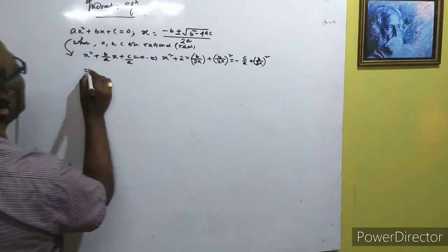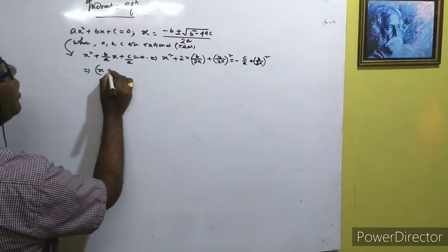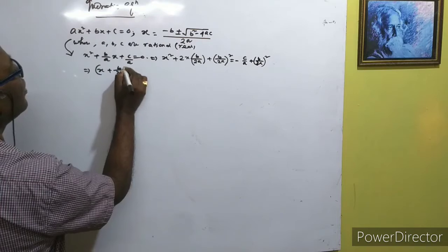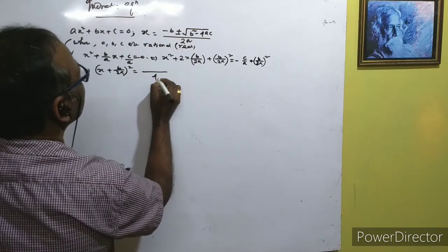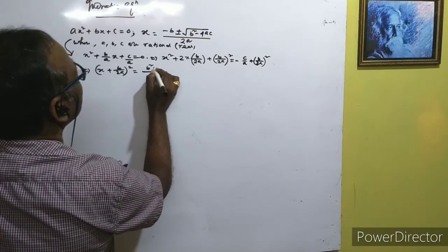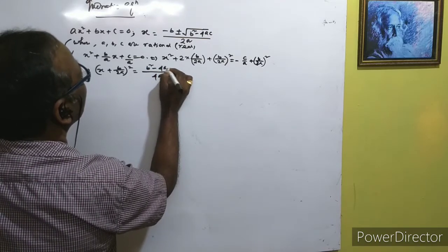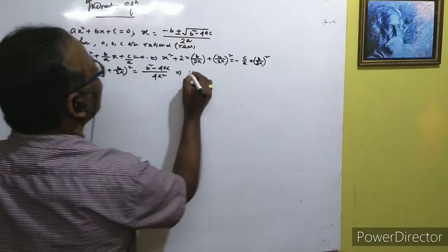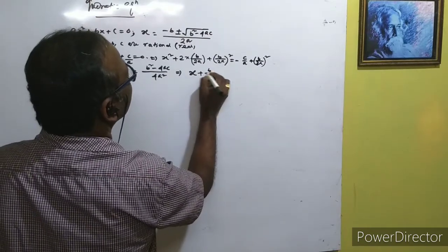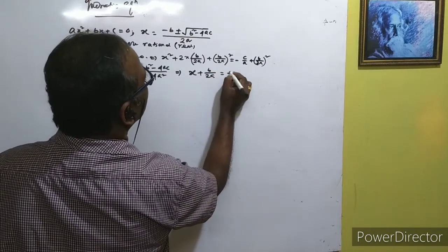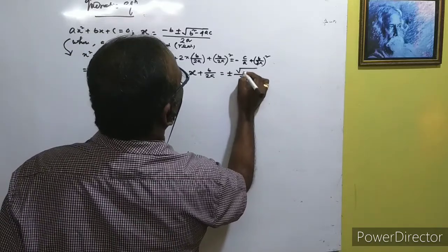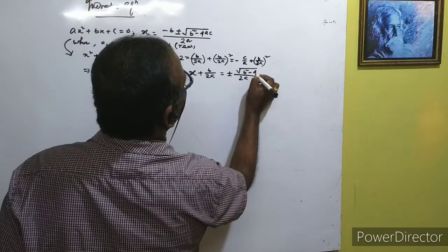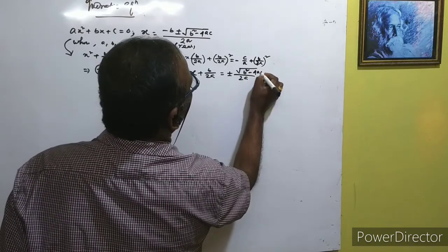So then we get here (x + b/2a)² is equal to, take an LCM, that is 4a², and that is here b² - 4ac. So therefore x + b/2a is equal to ± √(b² - 4ac) / 2a.